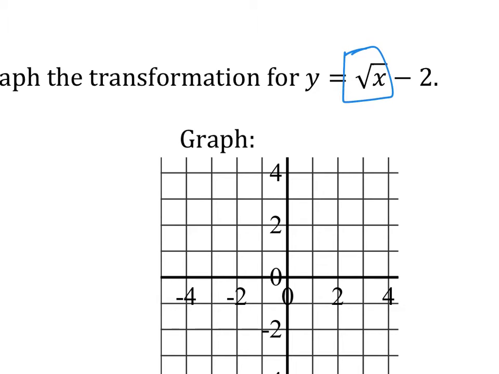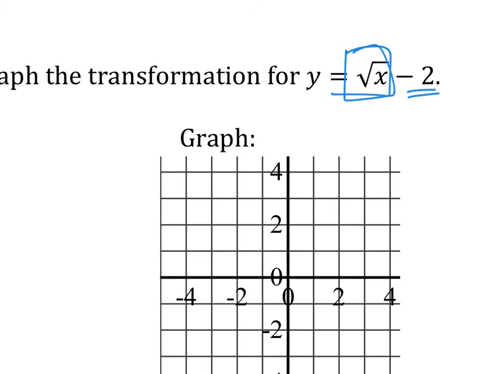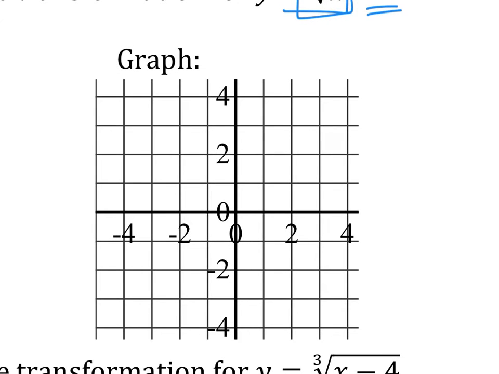This is outside the function, so that's down 2. We need to remember how the square root x function looks. It's like the one-winged bird on the right-hand side. It starts at 0 and then tilts over. So it's going to go down 2, and start at negative 2 instead.